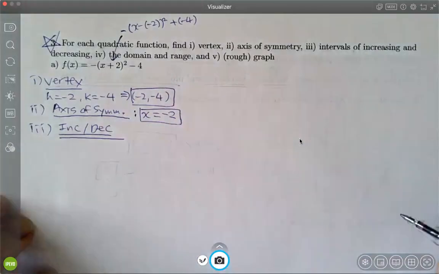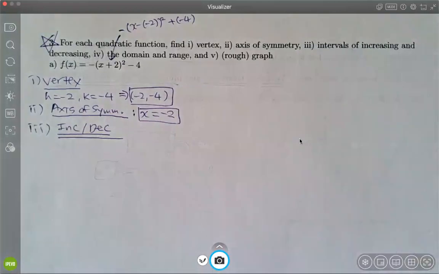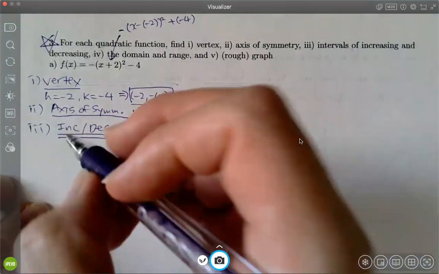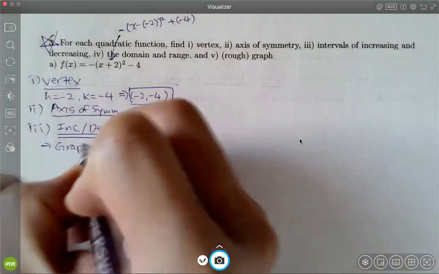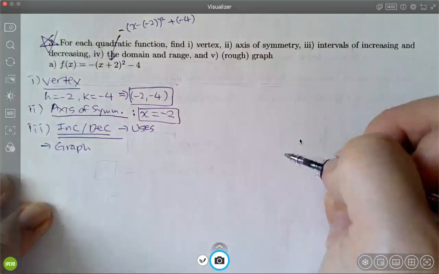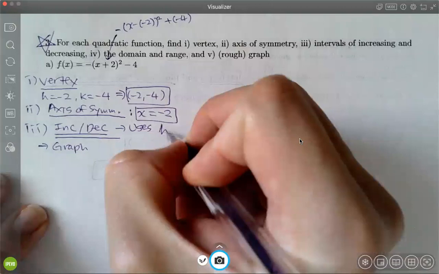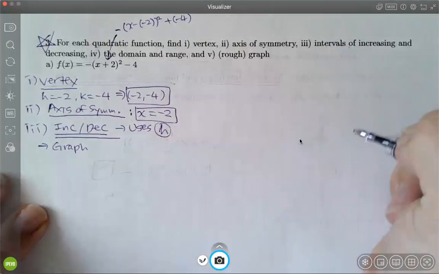Okay, and now increasing and decreasing intervals. Remember this was part of that most tricky things. And what was my suggestion? Use only 2 things, right? The first one is the graph, and this one uses what? There's a specific letter or number that's been used, right? And what is that number or the letter? h. Remember that?